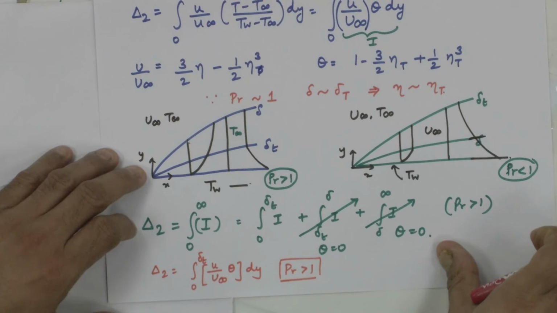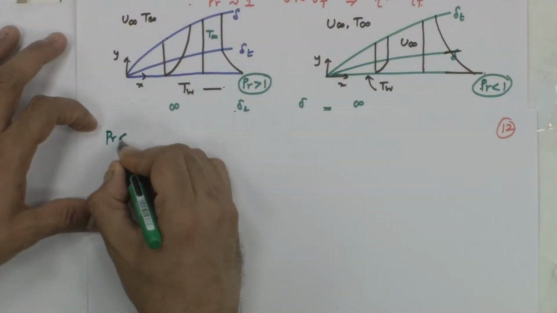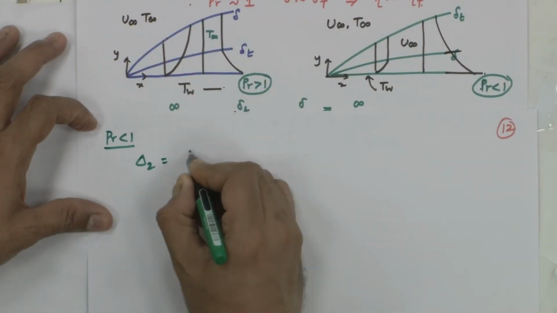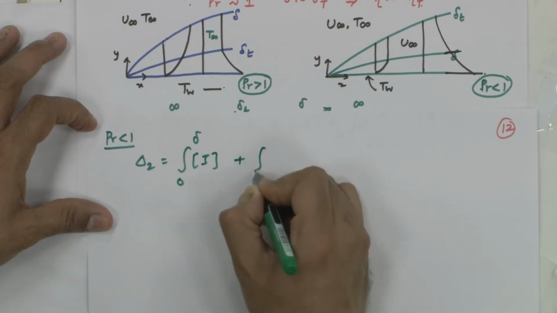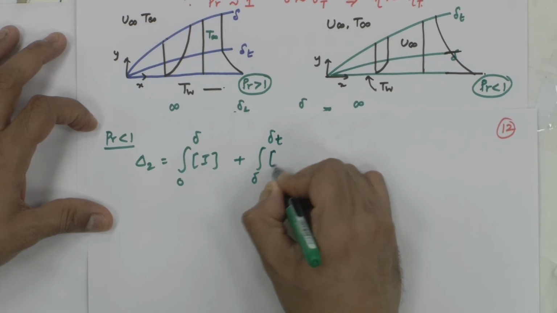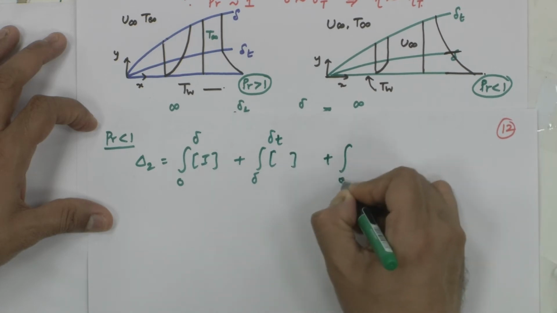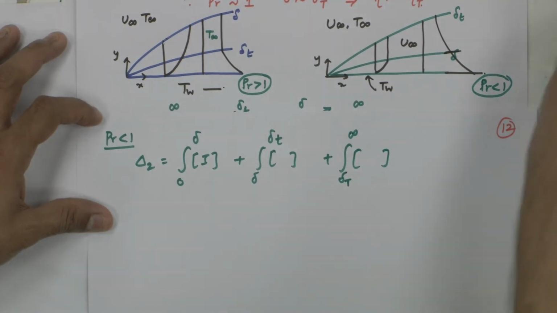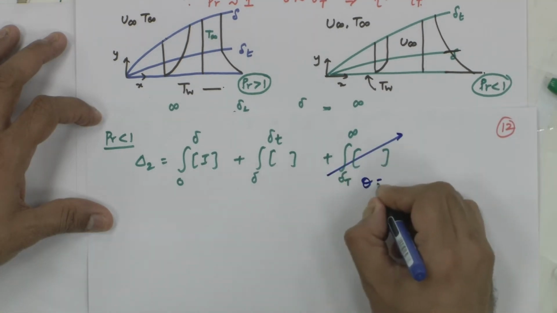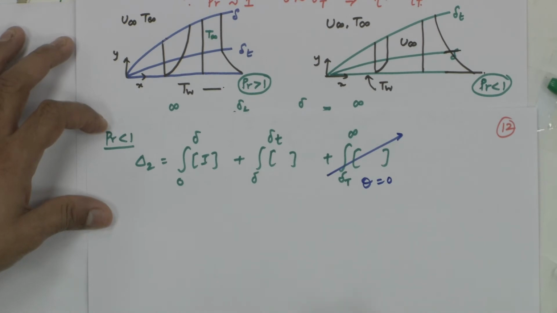For Prandtl number less than 1, I will write this expression this way. Delta 2 will be evaluated from 0 to delta plus delta to delta t plus delta t to infinity. Delta t to infinity anyway is 0 because theta equal to 0, where T equal to T infinity.